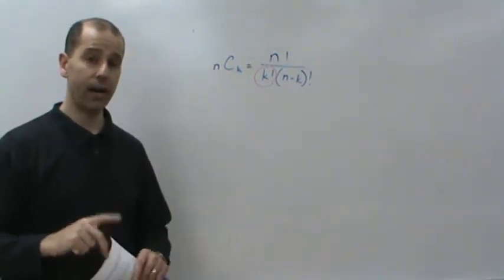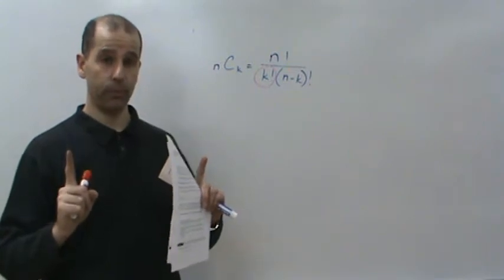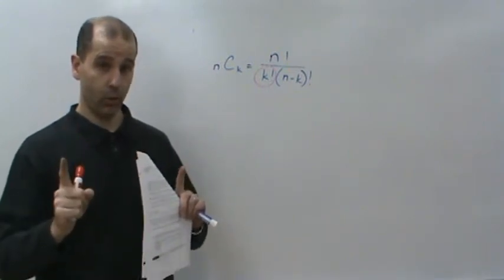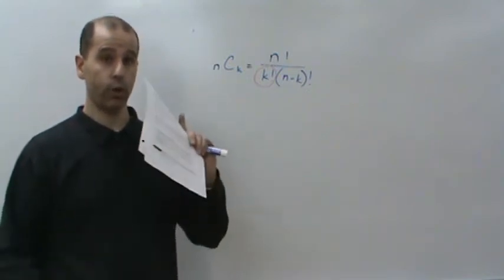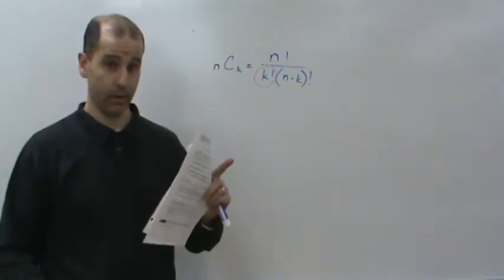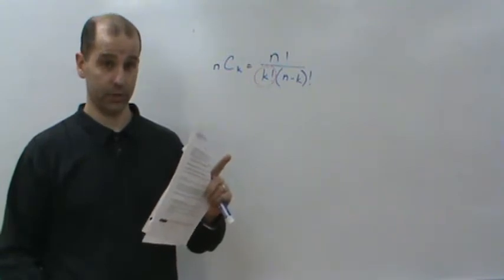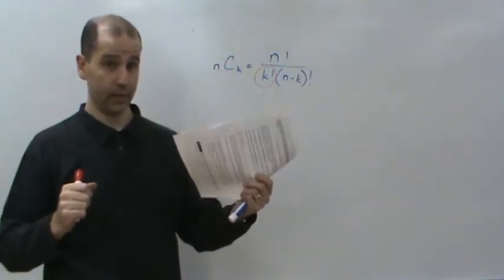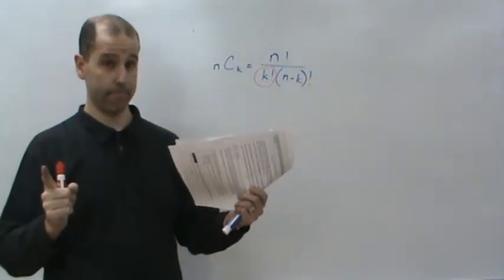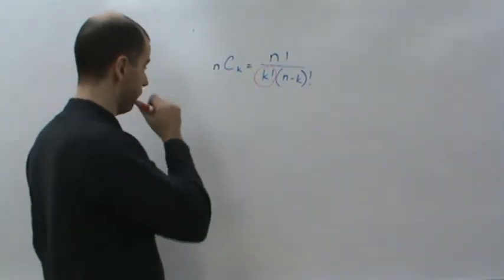So again, when you're looking at a problem, you have to ask yourself whether order matters or not. If order matters, you're dealing with permutations. If order does not matter, you're dealing with combinations, just like dealing with repeats or no repeats with permutations.